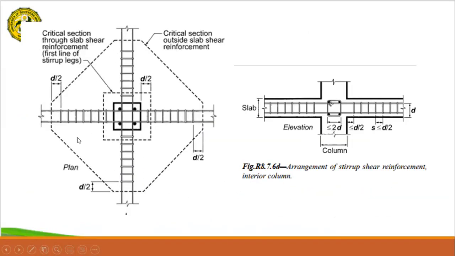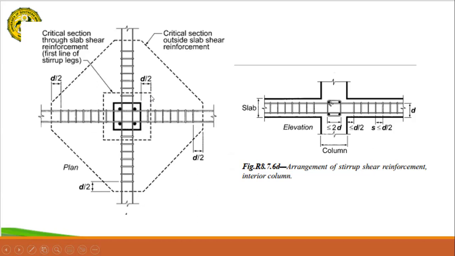Then for this particular figure, suppose this is the beam, no? Beam in the east-west direction, and another beam in the north-south direction because this is an interior column. So ito yung critical section through slab shear reinforcement.